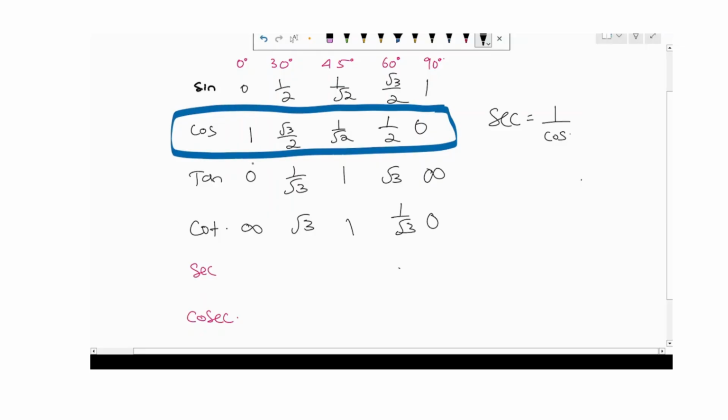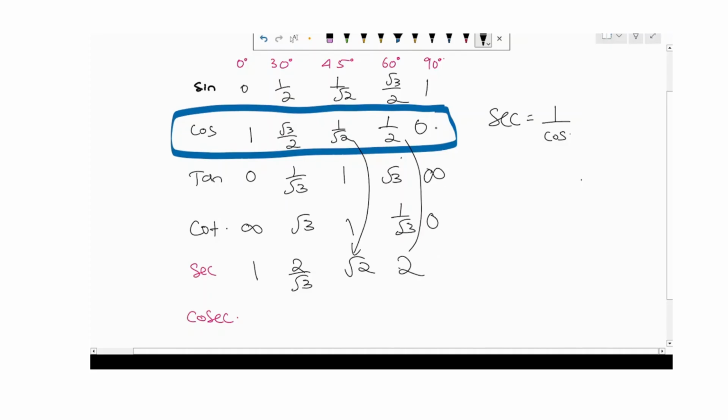Sec 0, what is the reciprocal of 1? It is 1. Sec 30 degrees, what is the reciprocal of cos 30? Root 3 by 2 becomes 2 by root 3. Next, sec 45 is the reciprocal of cos 45. 1 by root 2 becomes root 2 by 1, you can write it as root 2. Then sec 60 is the reciprocal of cos 60. 1 by 2 becomes 2.